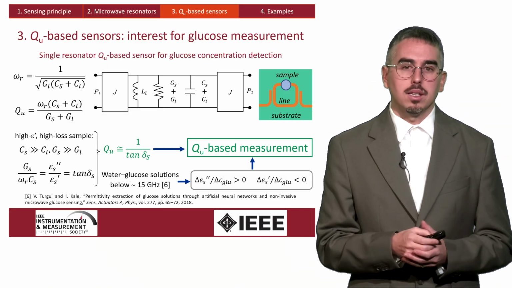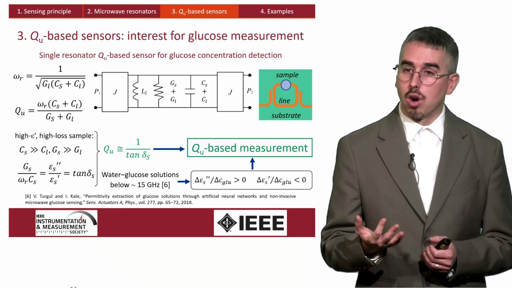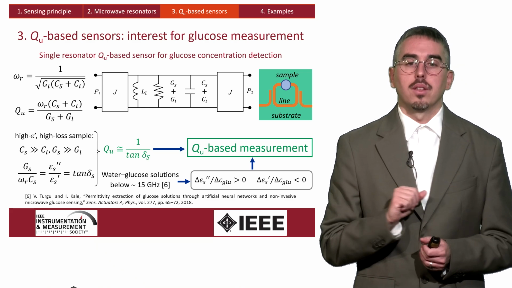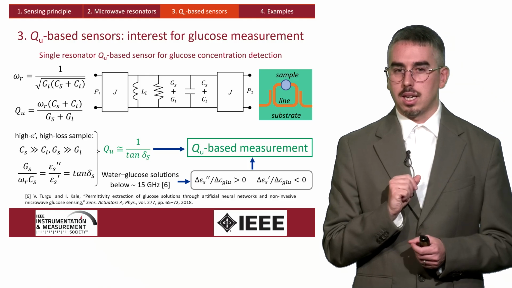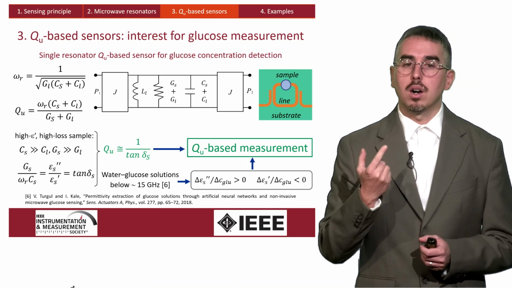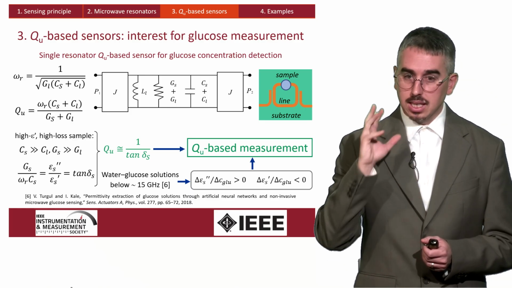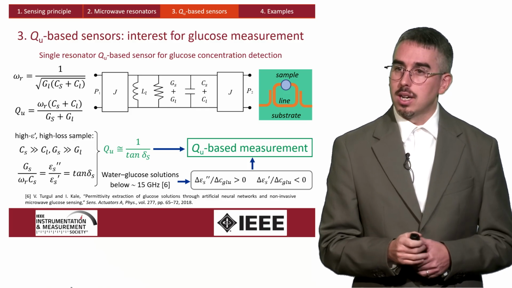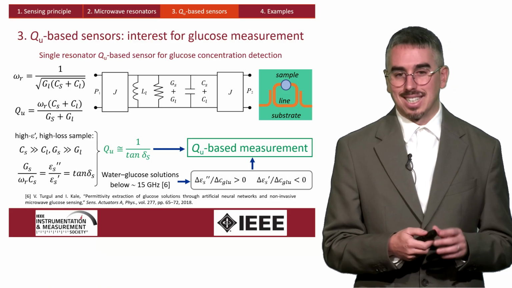If we apply these approximations and the definition of the loss tangent of the sample in terms of the elements in the circuit, then we arrive at this simple equation in green that says that the unloaded quality factor is approximately equal to 1 over the loss tangent of the sample. This is again a good reason to select the unloaded quality factor as the base for this measurement system.